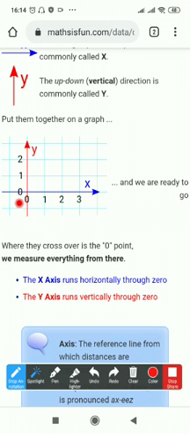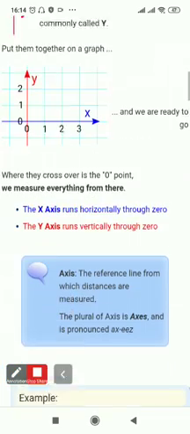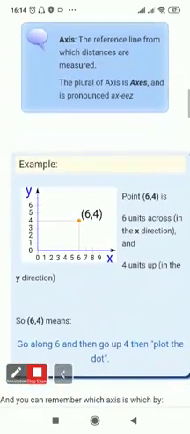On the left-hand side of 0 on the x-axis we have negative values, and below 0 we have negative values of y. If you go up on y from 0, you have positive values, and if you go to the right side of x, you will see positive values, but if you go to the left side, you will see negative values of x.